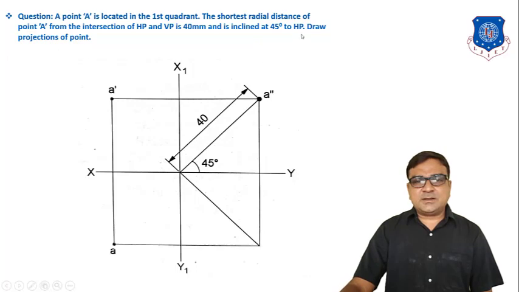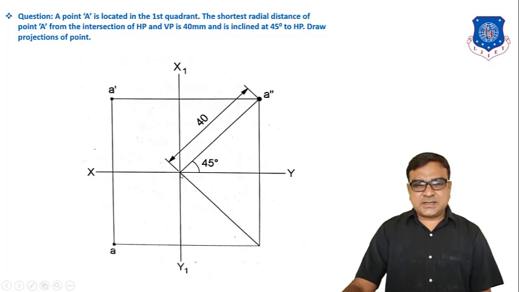For the side view, this line is known as the horizontal plane and this is the vertical plane. So you have to draw one line of 40 mm inclined at 45 degrees. So we will get the side view A double dash first. And then from this point, we have to draw a horizontal line and a vertical line.